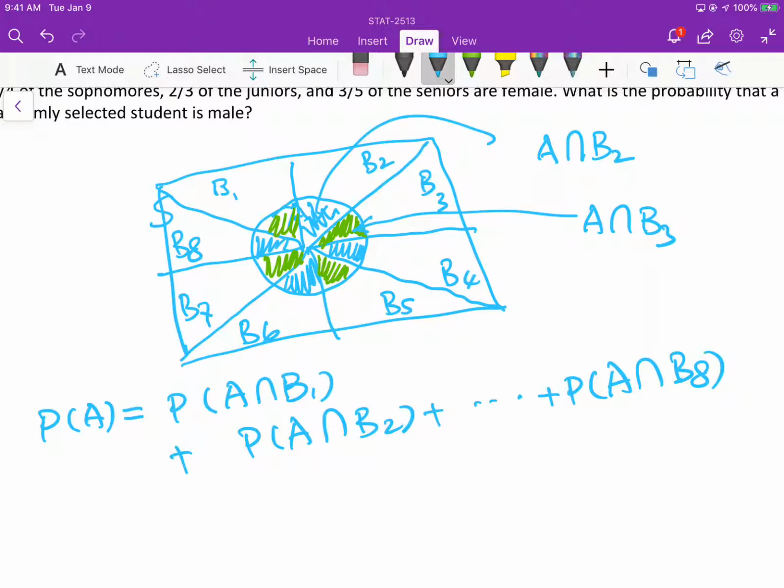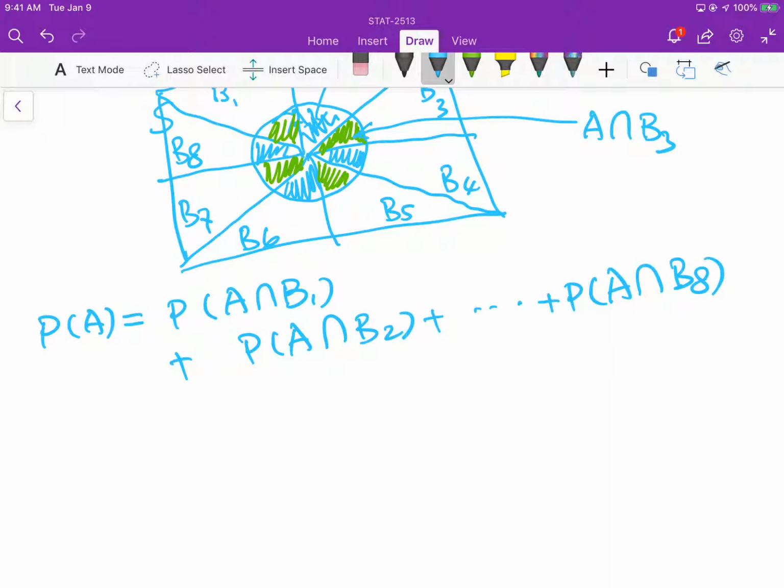So the law of total probability just means that if we want to calculate the probability of one event, and this event can be partitioned into several small slices, we can just calculate the probability for each slice and then add them together.